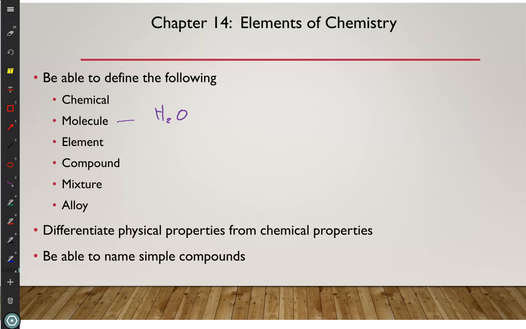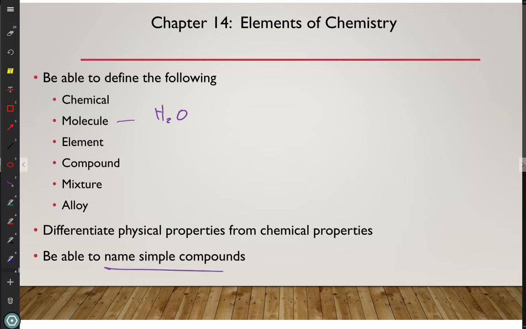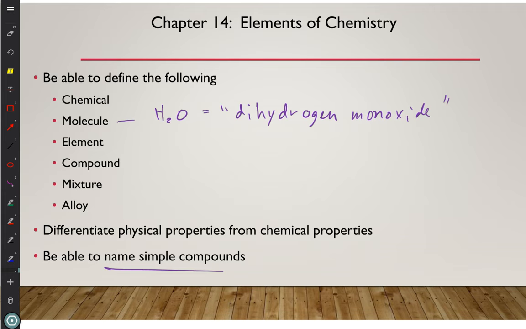If we were to use the naming scheme, right, be able to name simple compounds, how would we name H2O? We have to use the prefix di and mono because we can also have things like H2O2 or OH. And so we need to differentiate them.